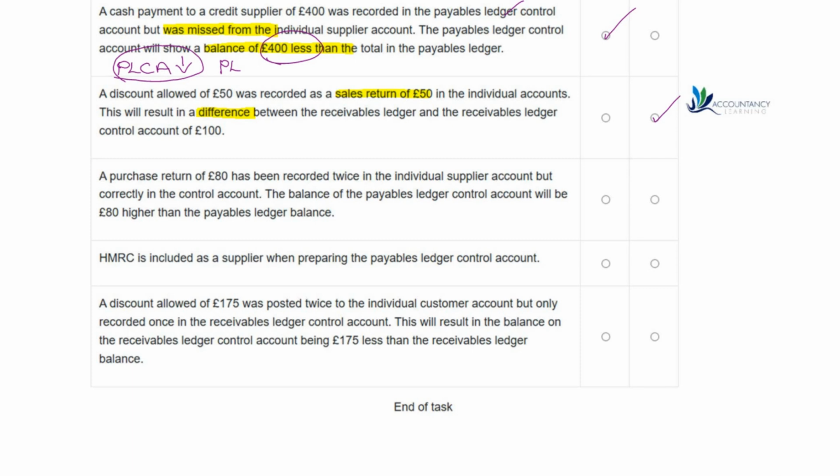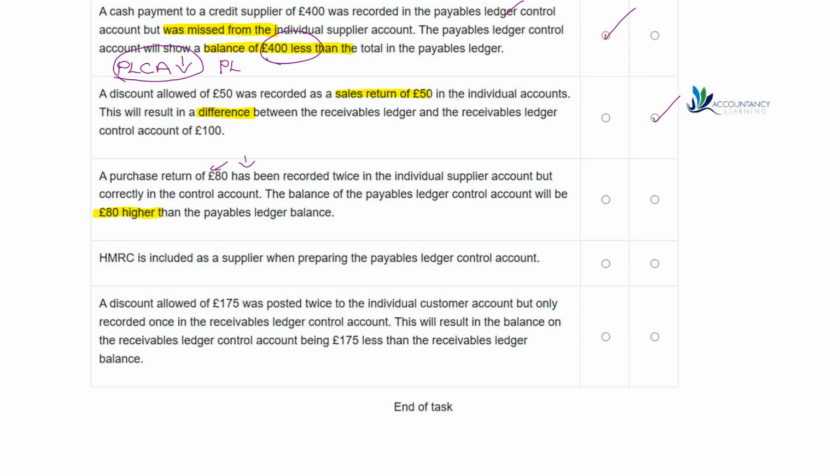A purchase return of £80 has been recorded twice in the individual supplier account, but correctly in the control account. The balance of the payables ledger control account will be £80 higher than the payables ledger balance. A purchase return reduces the liability.